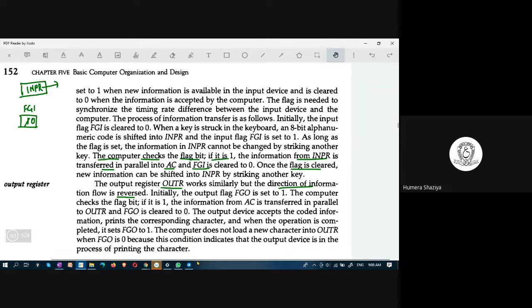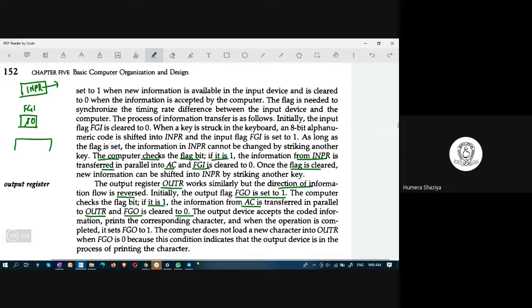The output register is receiving the value from the accumulator, whereas the input register is providing the value to the accumulator. FGO is set to 1 and the computer checks the flag bit. If it is equal to 1, information from AC is transferred in parallel to the output register and FGO is cleared.